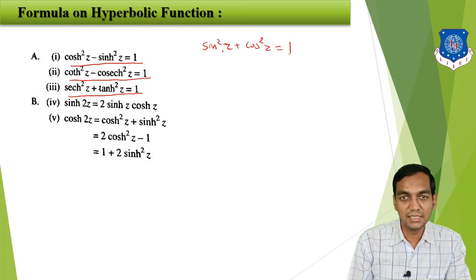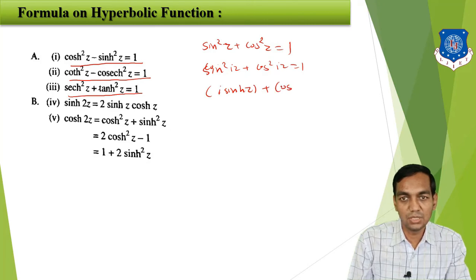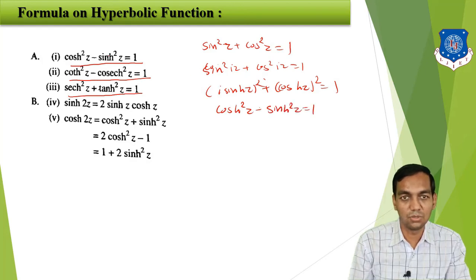If you replace z by iz, then you also have the same thing. So sin square iz plus cos square iz is equal to 1. But sin iz is i sin hyperbolic z and cos iz is cos hyperbolic z, correct? So if you square, then sin is going to be negative. So you will have cos hyperbolic square z minus sin hyperbolic square z is equal to 1.